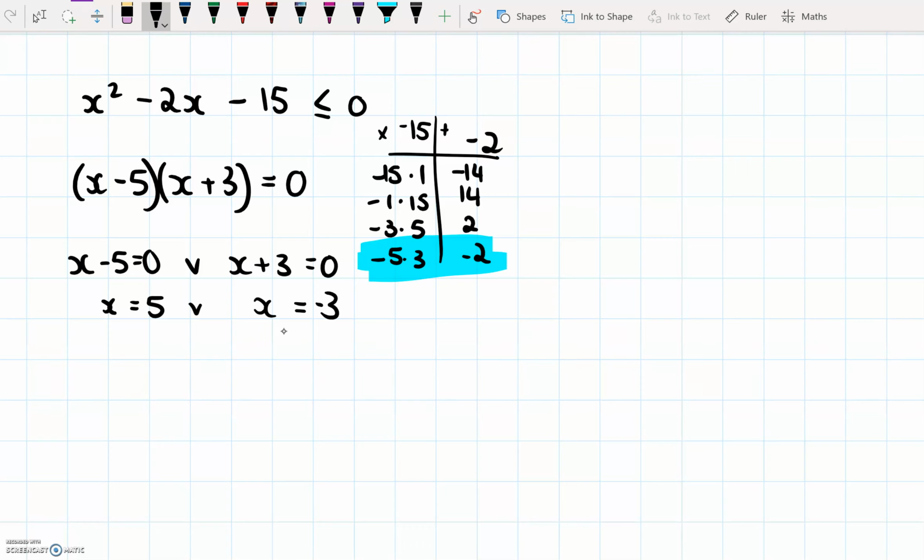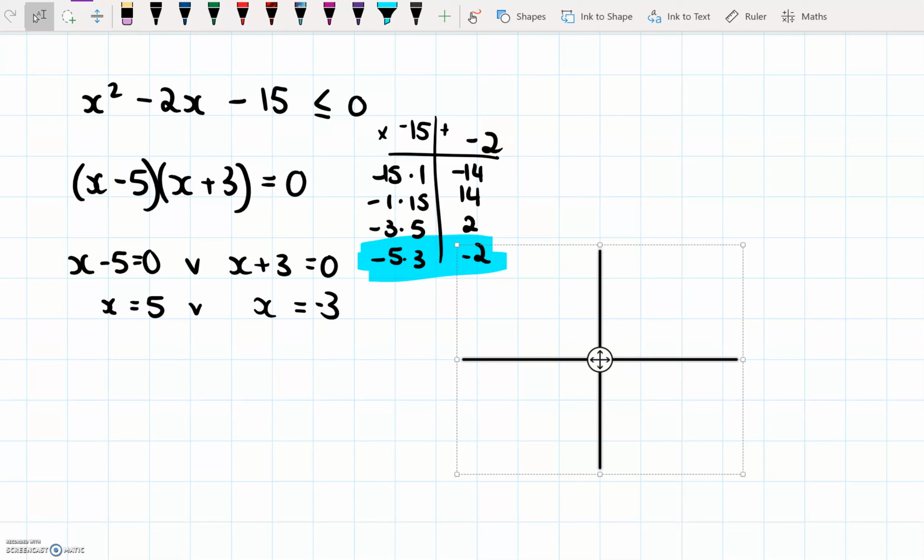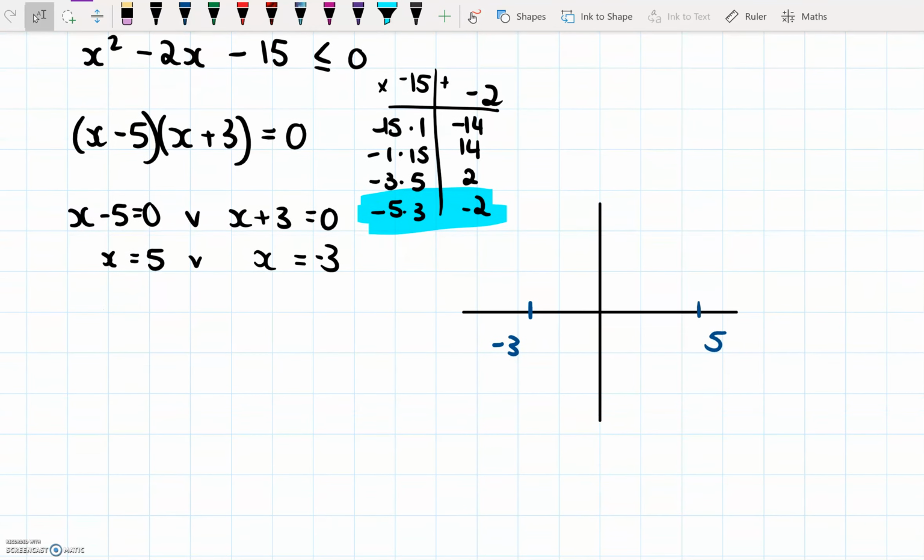Let's make our axes. So we're going to draw our sketch. Again, remember, always draw a sketch. So our intercepts are at 5 and at minus 3. Remember, this is just a sketch. This doesn't need to be exact. And our parabola is positive, so it looks like this.